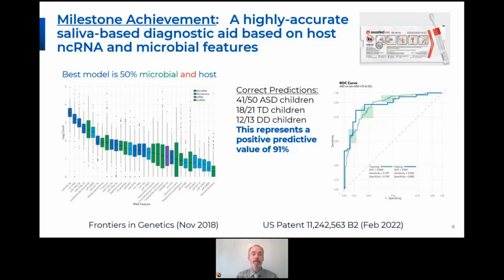And it achieved a positive predictive value of 91%.